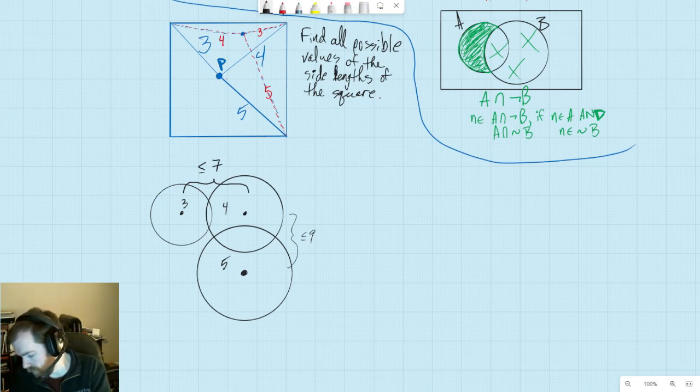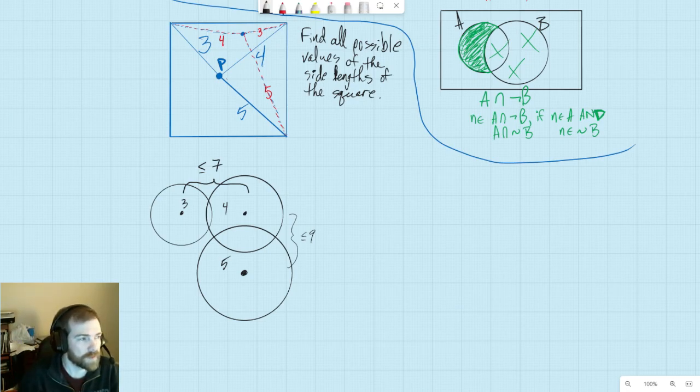So, one of the ways that you can bolster that is by doing Project Euler.